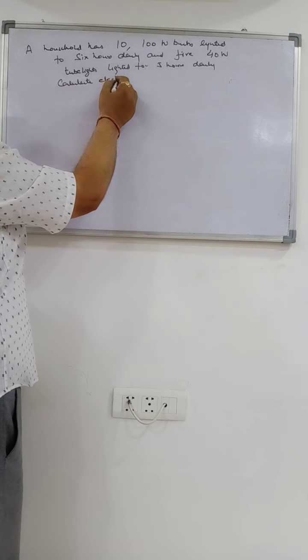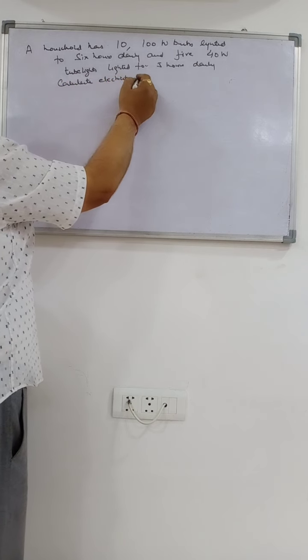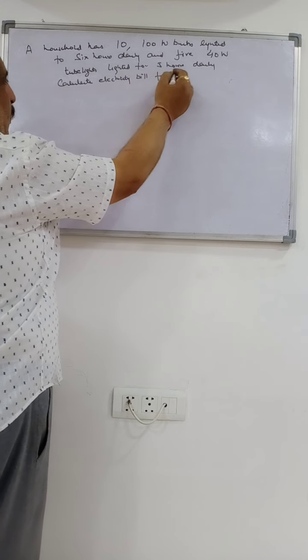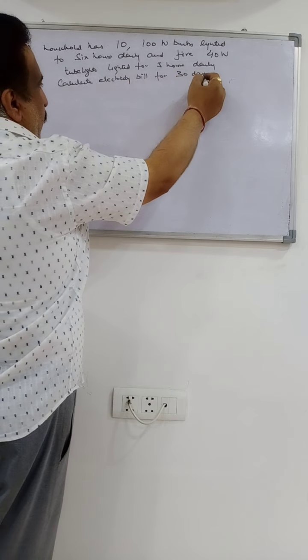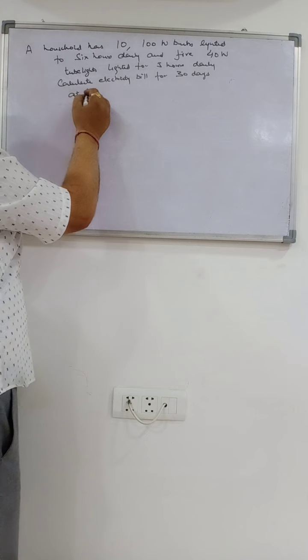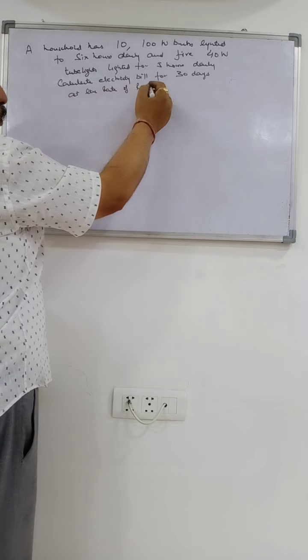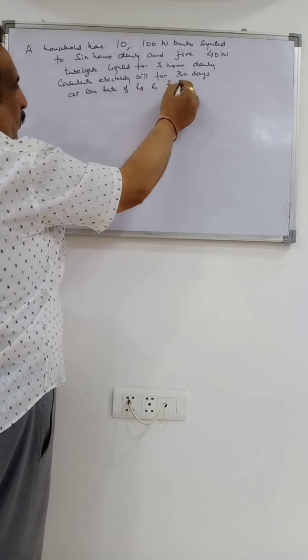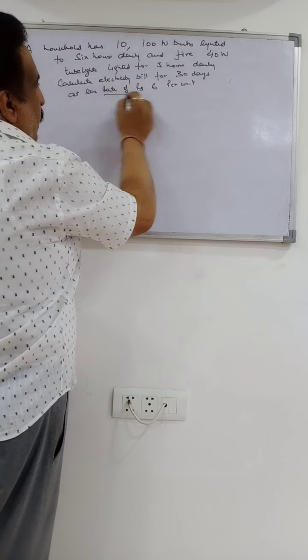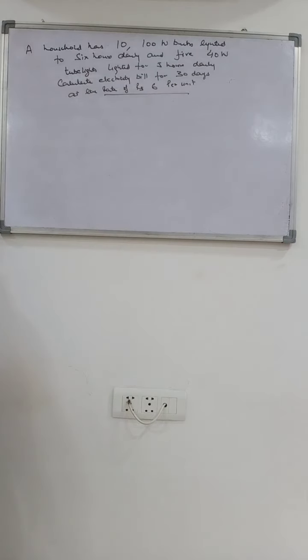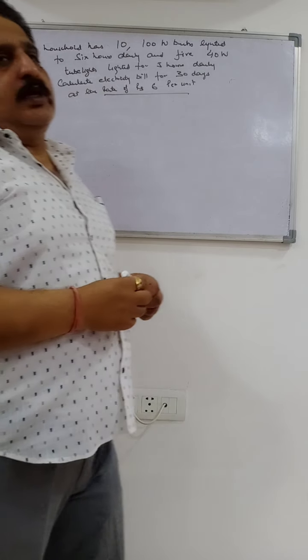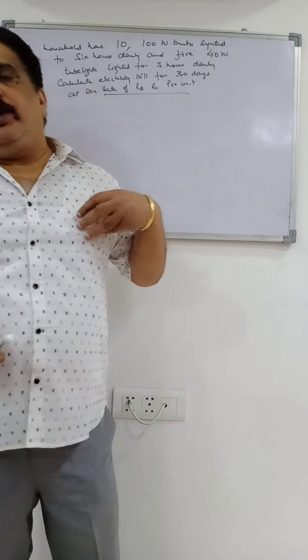Calculate the electricity bill for 30 days at the rate of ₹6 per unit. Now see, this is bill calculation for household electricity.